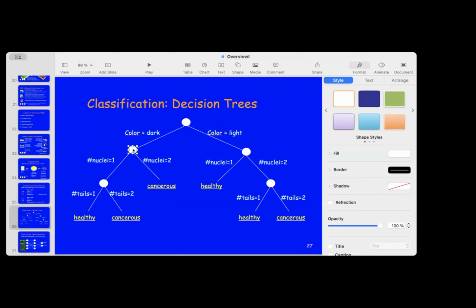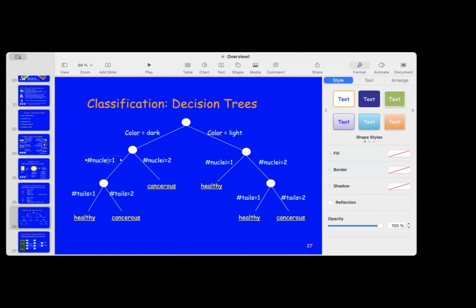And from here, the next attribute we use to split the tree is the number of nuclei. Either nuclei is equal to 1 or equal to 2. If the color is dark and nuclei is 1, these data samples go onto the left side. Once again, we're splitting into two parts.